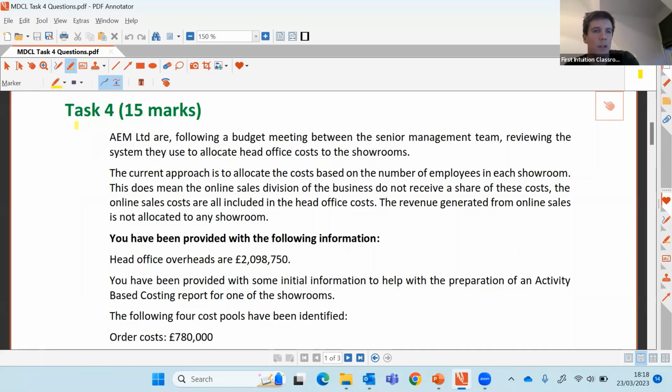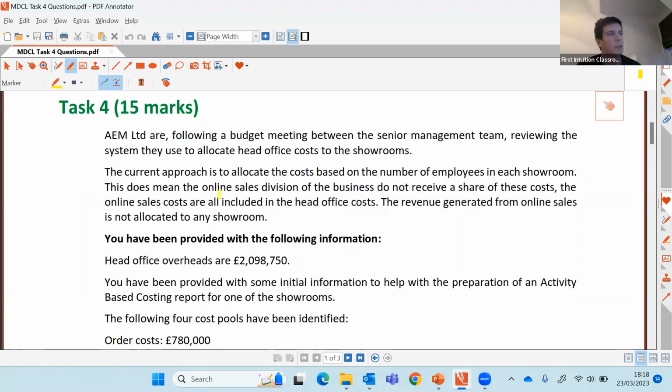Anyway, we've got AEM then. So obviously you're aware of the fact that you've got your synoptic based upon this organization, and this task that I'm going to run through is about activity-based costing. I've picked this because I know, having taught this in the past, that this is an area that people struggle with.